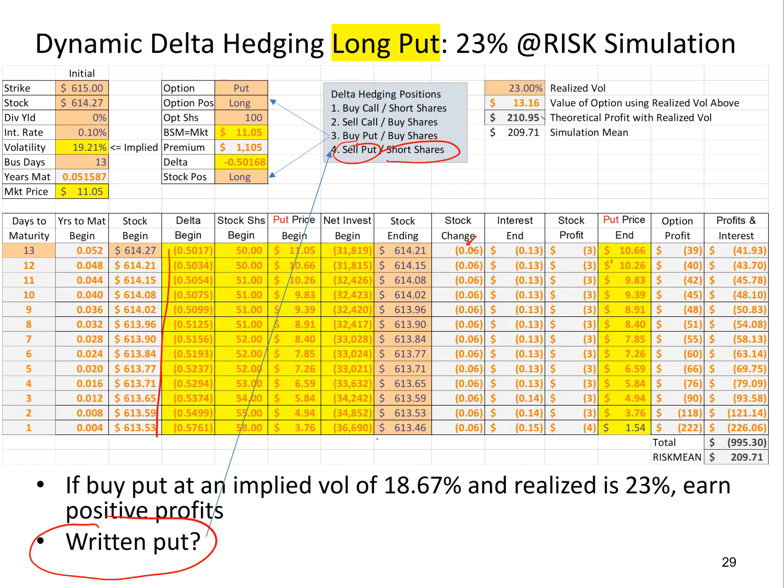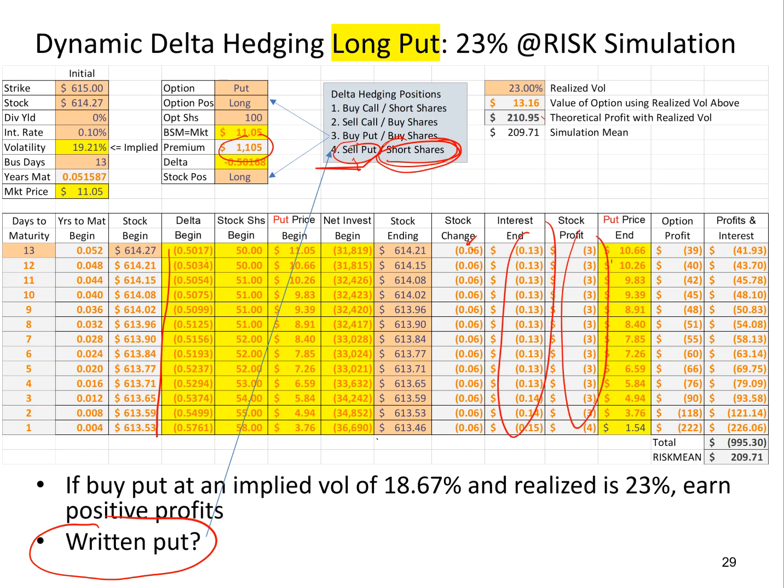So one of your assignments is to change this spreadsheet. The key things to think about: if you're selling the put, you're going to generate that $1,100 in cash. If you short the shares, you're going to generate cash on the short sale because you're borrowing those shares and selling them right away. So you're going to wind up with some positive interest.